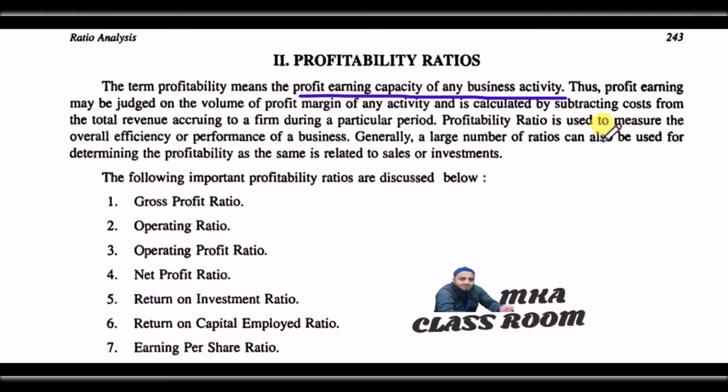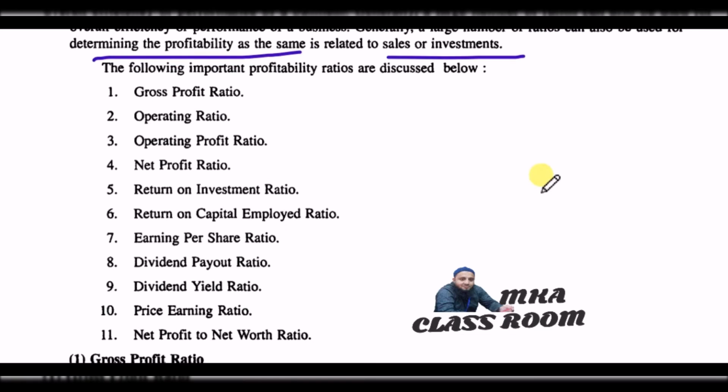Profitability ratio is used to measure the overall efficiency or performance of a business. Generally, a large number of ratios can be used for determining profitability, as it is related to sales or investment. So here is a list of profitability ratios.